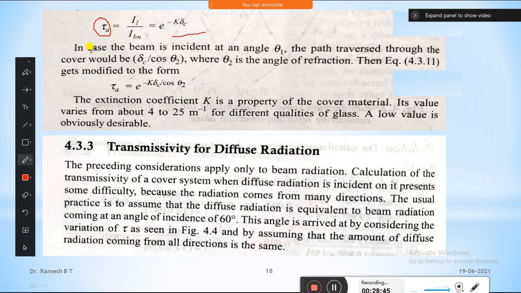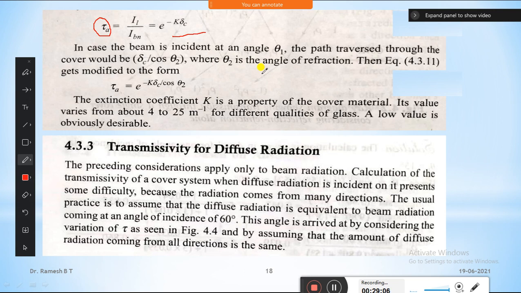In the case of beam incidence, the angle of incidence is theta 1. The path traversed through the cover would be delta c divided by cos theta 2, where theta 2 is the angle of refraction, as we already know.